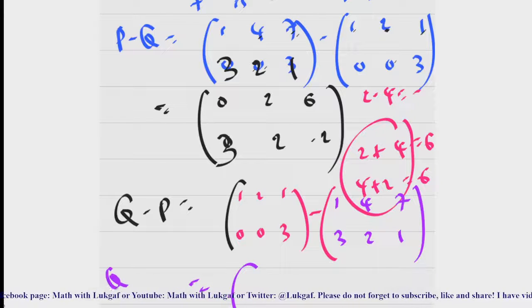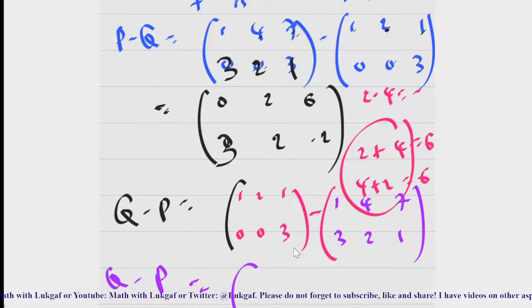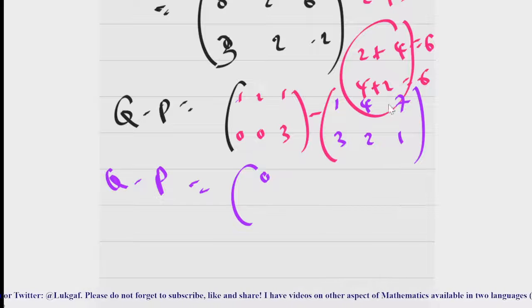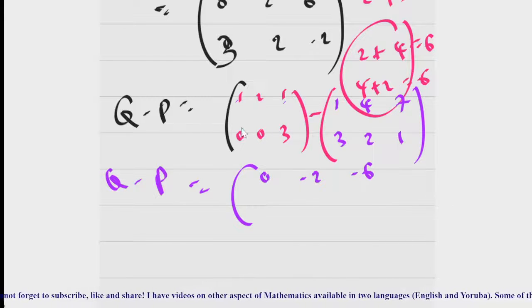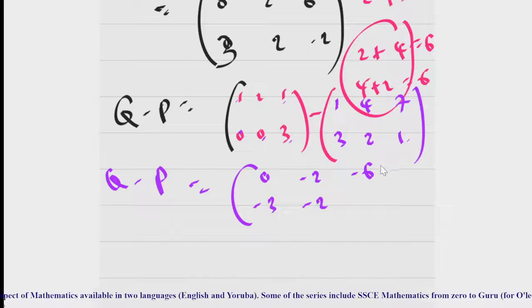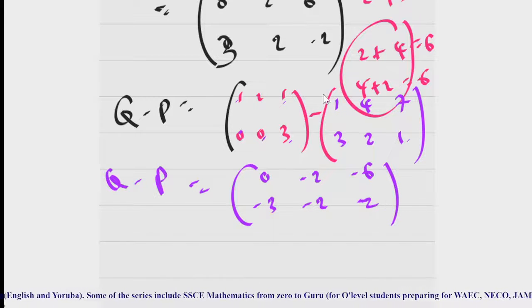So then my Q minus P is equal to what? 1 minus 1, 0. 2 minus 4, minus 2. 1 minus 7, minus 6. 0 minus 3, minus 3. 0 minus 2, minus 2. 3 minus 1 is 2. I hope you understand. Can you see that?